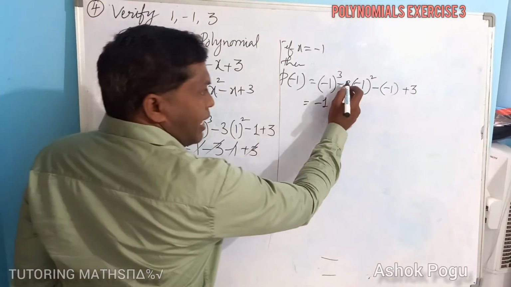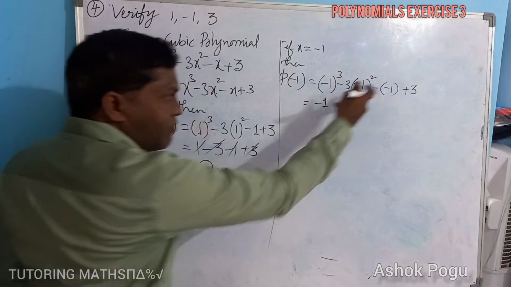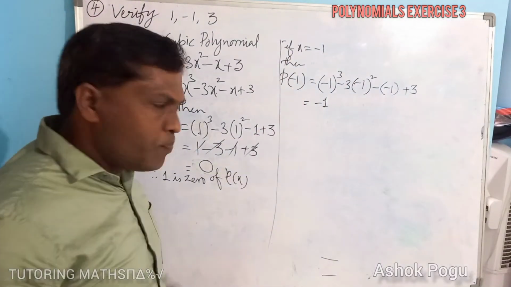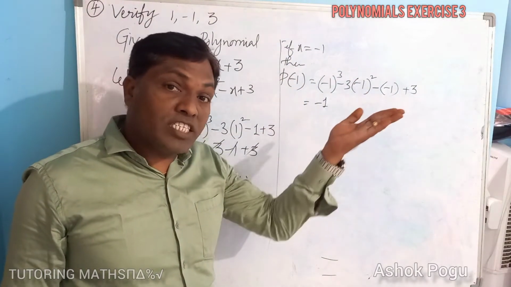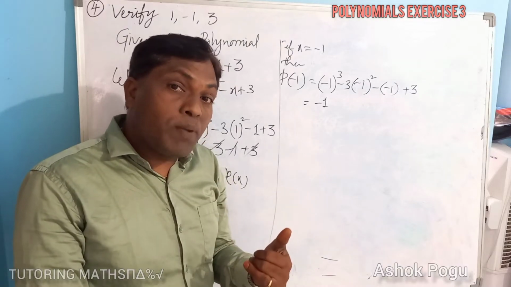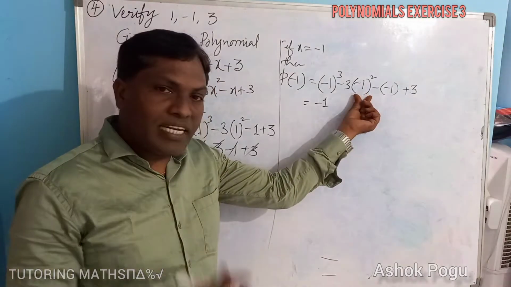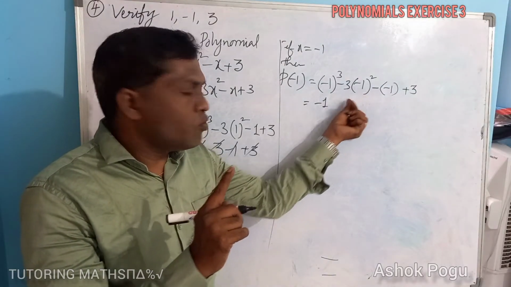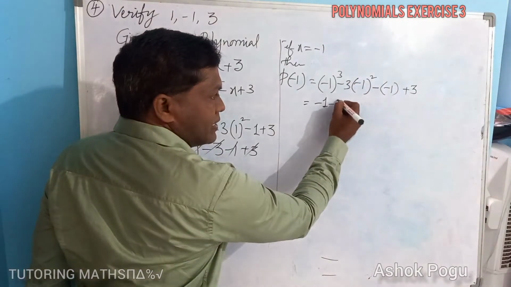And minus 3, as we discussed in the previous step, simplify this bracket first. Minus 1 square, what is minus 1 square? Minus 1 into minus 1 is plus 1. This whole result gives 1. 1 into 3 is 3, and it is minus 3.